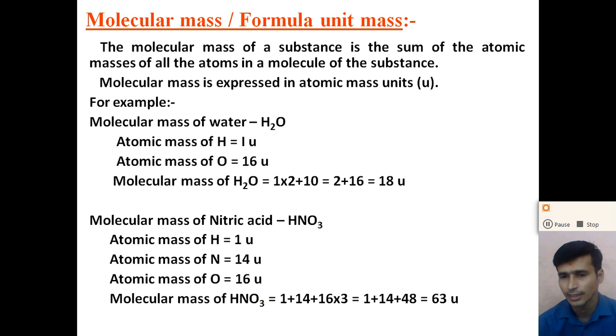We know the atomic mass of the different atoms: the mass of hydrogen is 1, oxygen is 16, nitrogen is 14, carbon is 12, right? From this atomic mass of the different atoms, we can easily calculate the molecular mass of any substance.